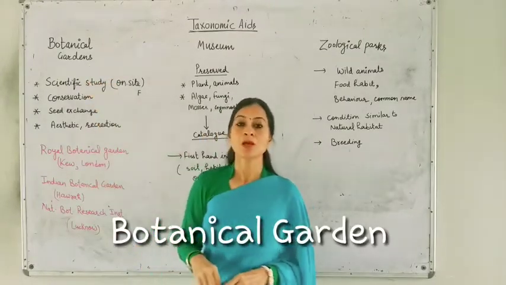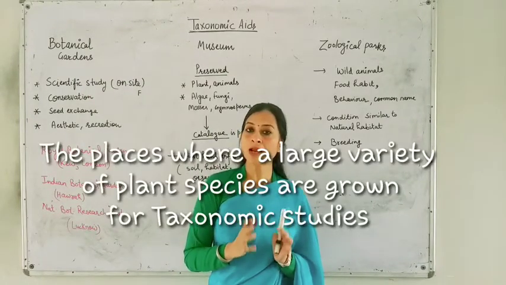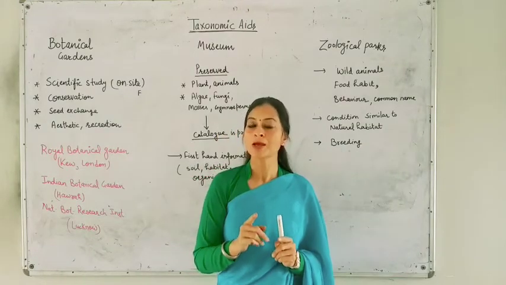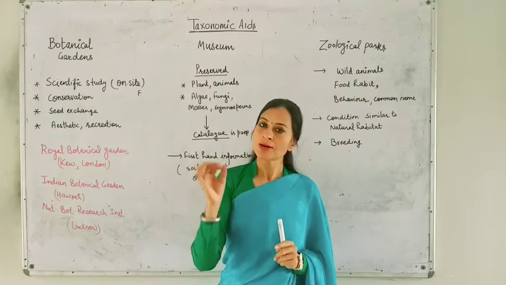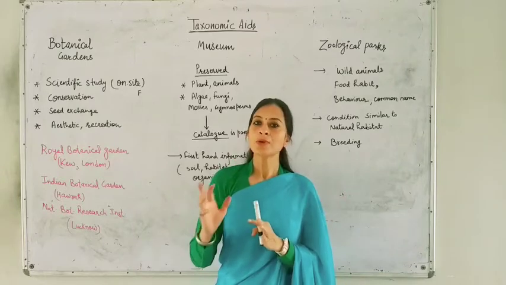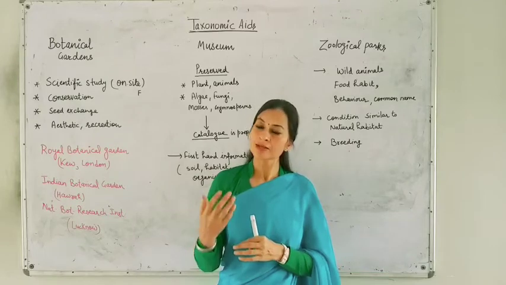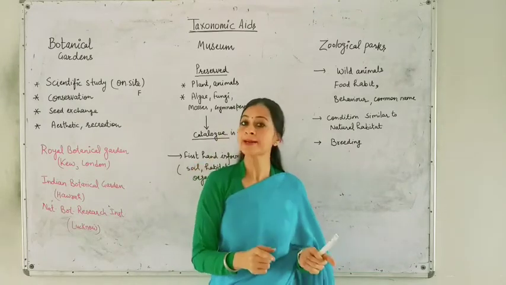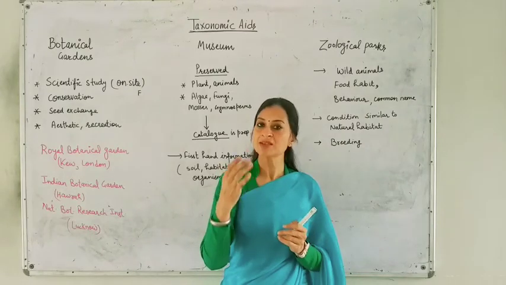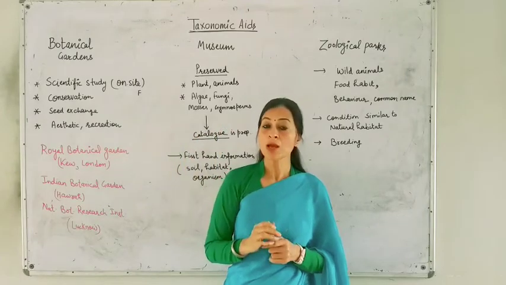Botanical gardens. Botanical gardens are those large places which have a collection of a variety of living plants. The living plants are grown there, providing the specific conditions they require, and this variety of plants, species and their varieties, are correctly identified and correctly labeled there, especially their family is mentioned, to which family the plant belongs.